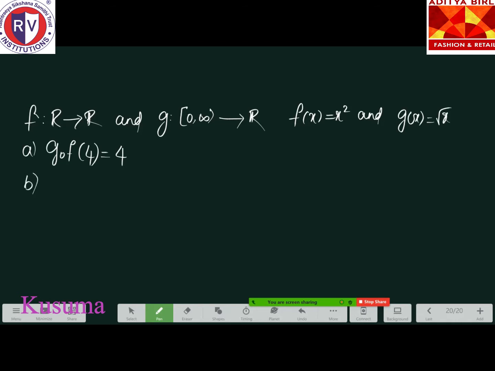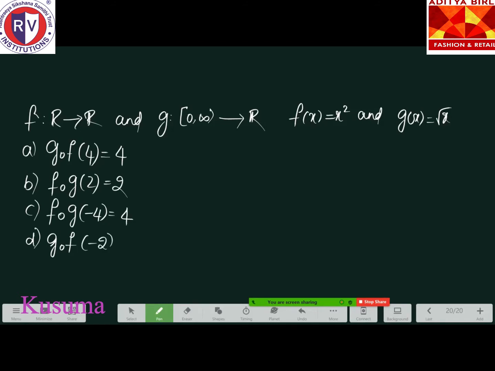The second statement is F of G of 2 is equal to 2. Option C, F of G of minus 4 is equal to 4. And option D is G of F of minus 2 is equal to 2.